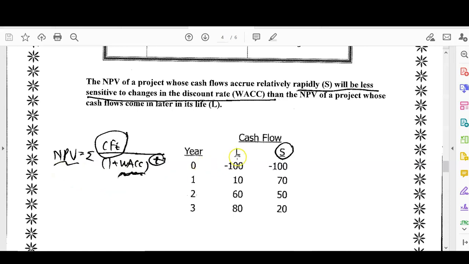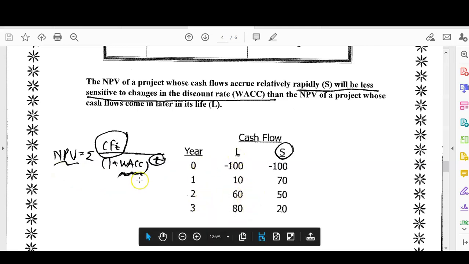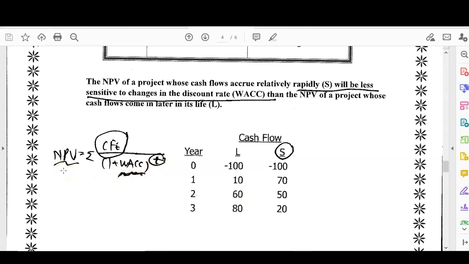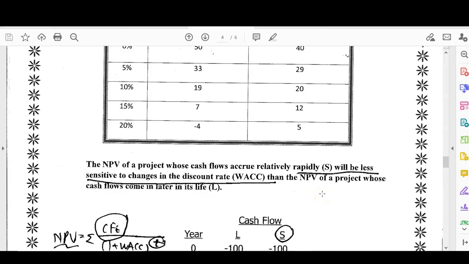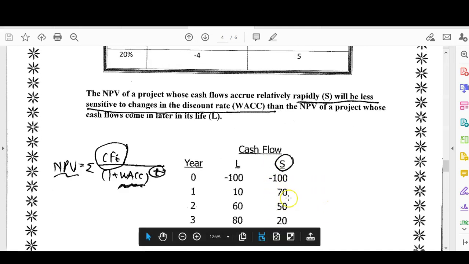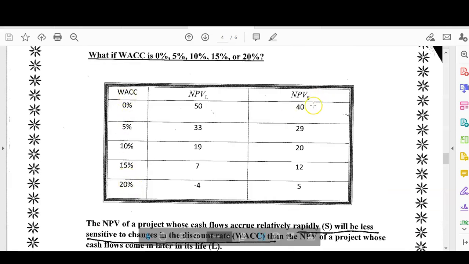For projects like L, because the money comes later, T is larger, so any change in WACC would have a larger impact on NPV.